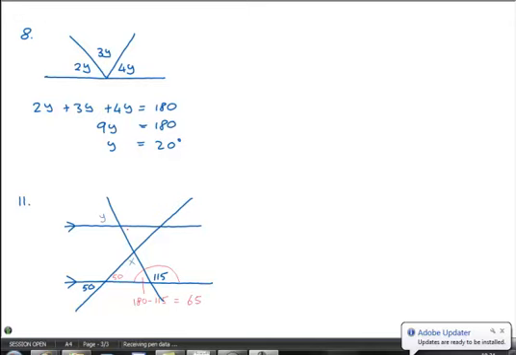So 65 degrees. To work out X then, well, it's a triangle. So it'll be 180 minus the 50 I've found minus the 65 that I've found. And 65. That then tells me that this angle in here is 65. And I know that because vertically opposite angles are equal.